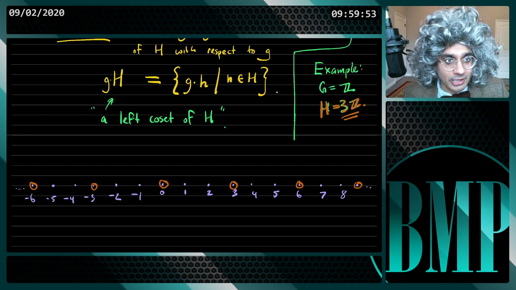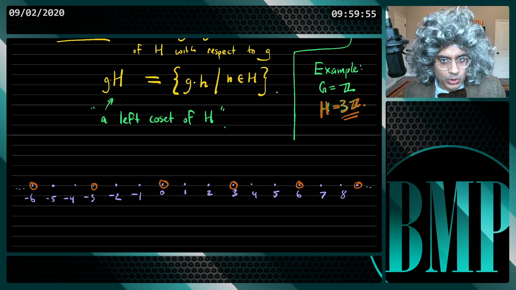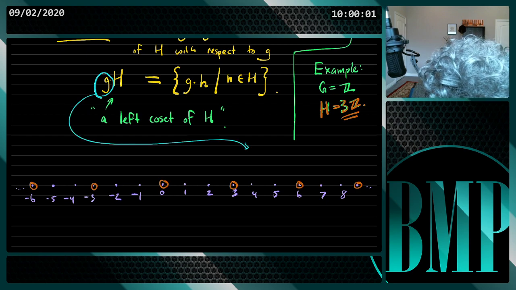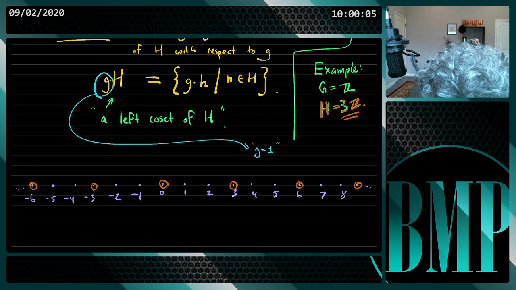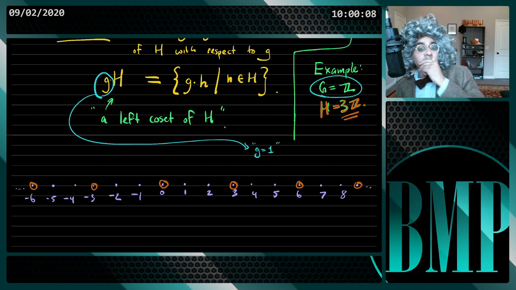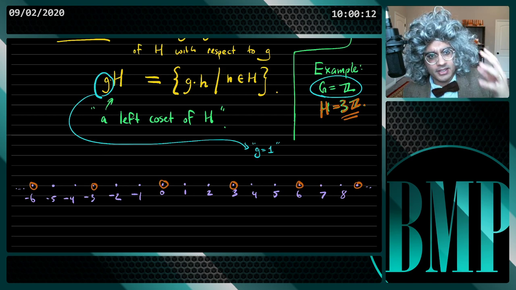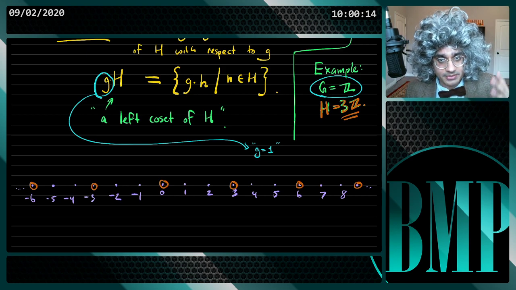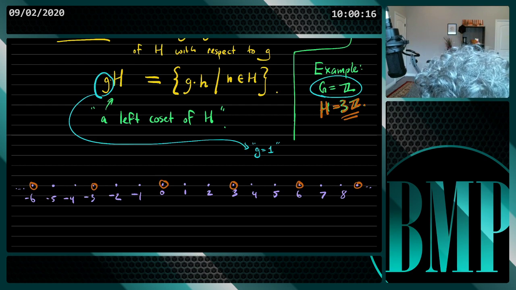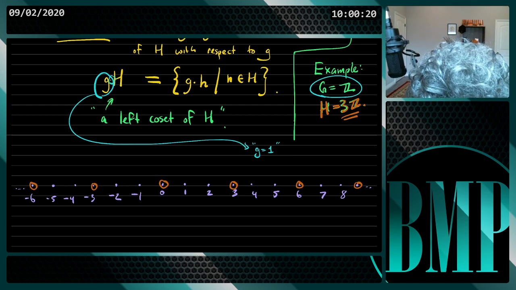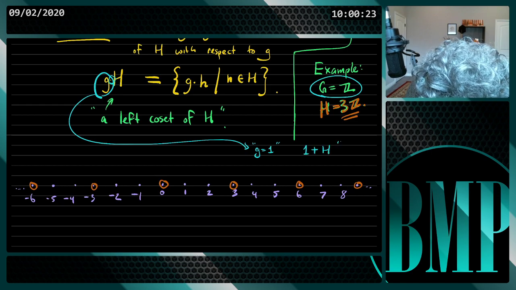Now pick your favorite element. Let's pick g equals 1. Pick your favorite element. So let's take g equals 1 in this group. All right? Now, what is the left coset of H corresponding to the element 1? Okay. Left coset, our multiplication law is adding, right? So what is 1 plus H?